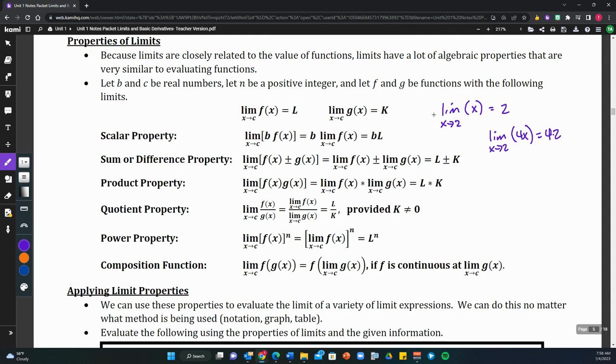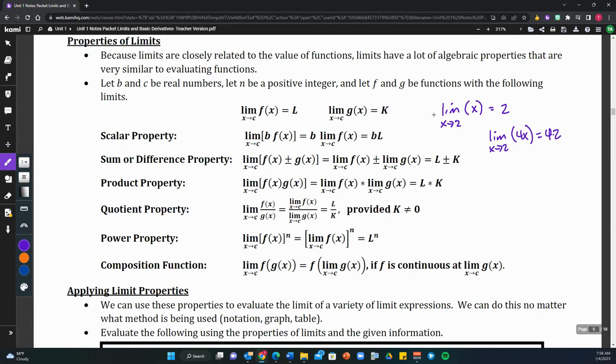Sum or difference property, this one's pretty basic. If I take two functions and add or subtract them together and then evaluate the limit of that expression, it's like adding or subtracting the limits of those two functions individually. So we get L plus or minus k. Product property and quotient property are the exact same situation as the sum and difference. The only exception here is, remember, with division, we can't ever divide by 0.